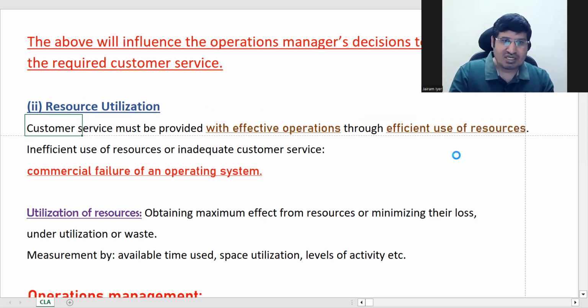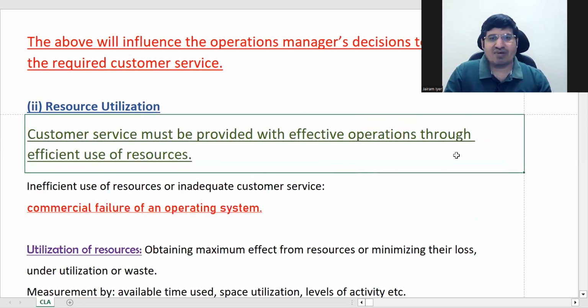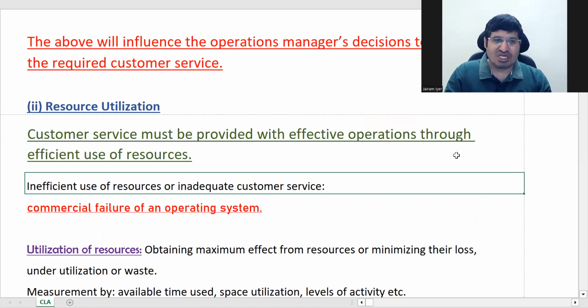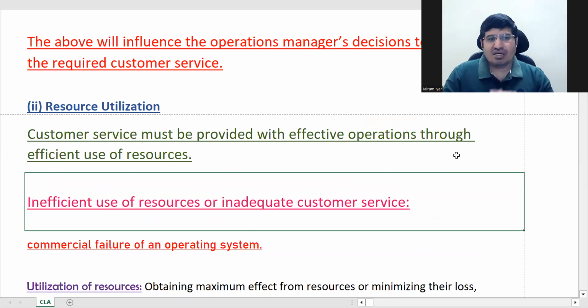Customer service must be provided with effective operations through efficient use of resources. So if your use of resources is inefficient, your customer is very happy, but you are going at a loss.